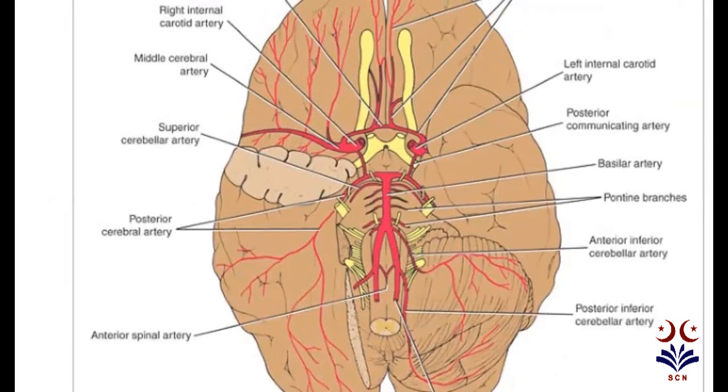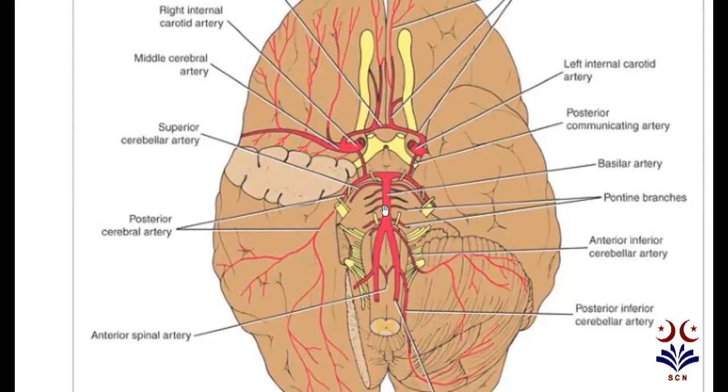That is the interpeduncular fossa. There are the peduncles of the midbrain and the interpeduncular fossa with the posterior perforated substance. It contains the circle of Willis as well, along with the oculomotor nerve, right? So the circle of Willis is present in the interpeduncular fossa. So you see how it is completed and formed.